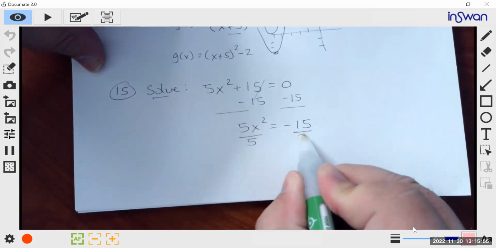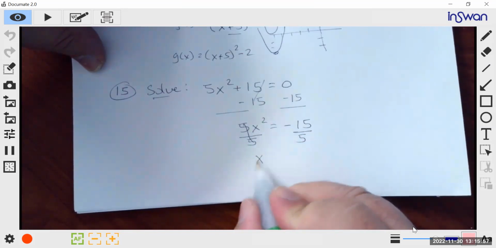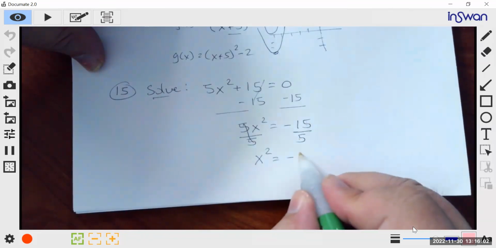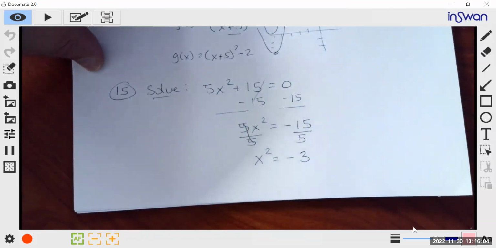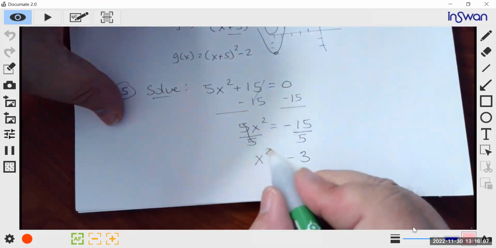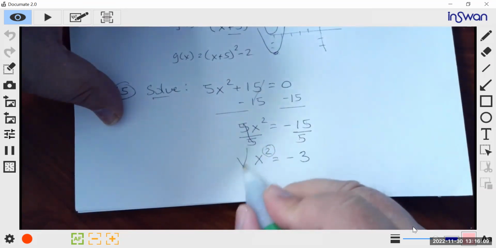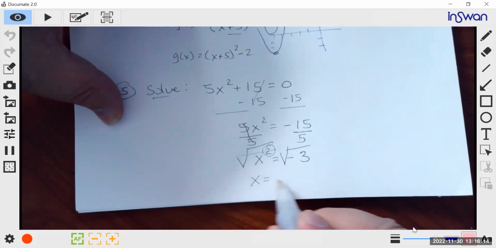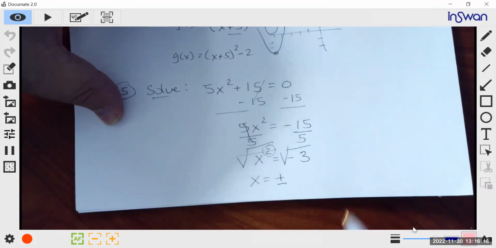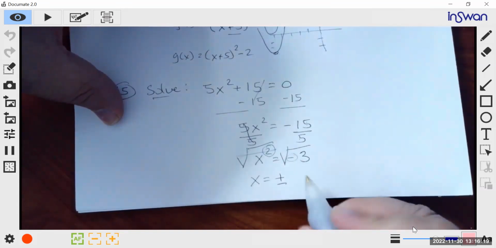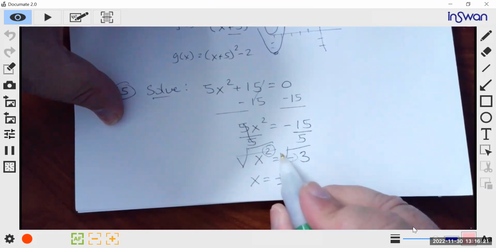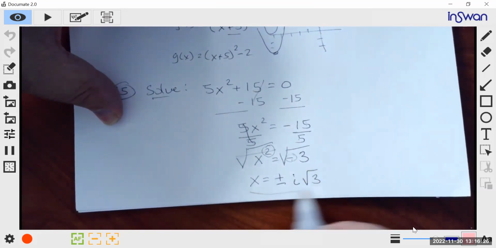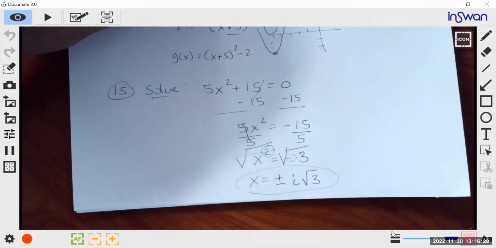We're going to get the x by itself. x squared equals negative, but 15 divided by 5 becomes 3. To get rid of the square, take the square root of both sides. x equals plus or minus... But we can't have a negative inside a square root, so it's i.